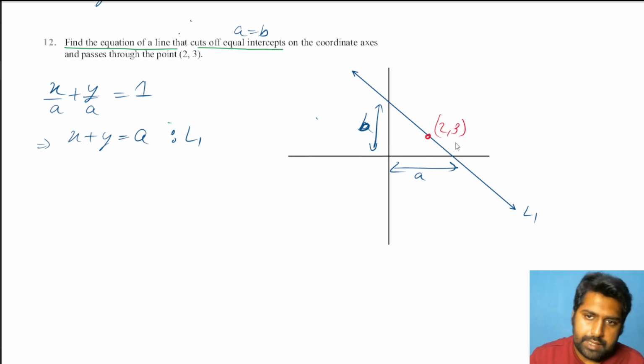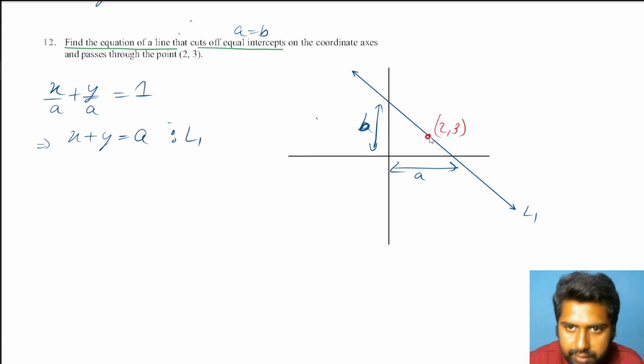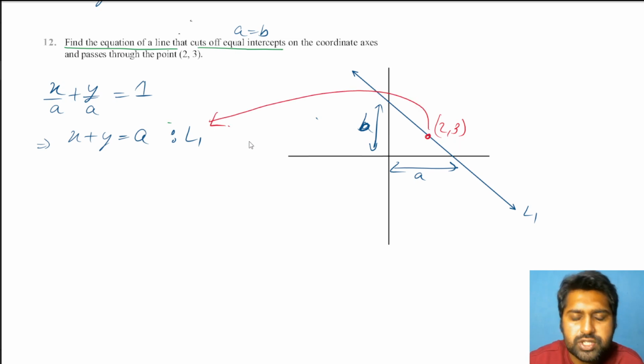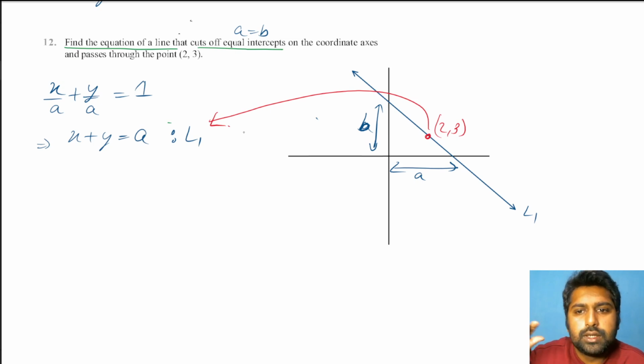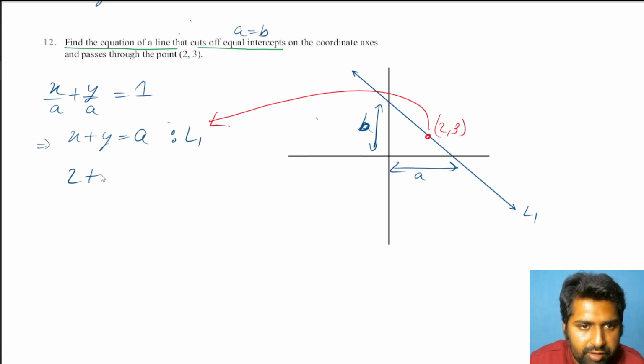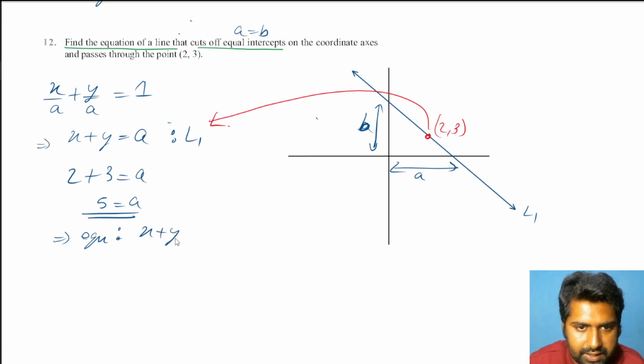Now if a point lies on a line, this point should satisfy this equation. This is something from grade 9th and 10th. You can recall from there that if a point lies on a line, it must satisfy the equation of line. So if we replace x with 2 and y with 3, it should satisfy this. That gives us the value of A as 5. And if we know the value of A, we know the equation is x plus y equals to 5.